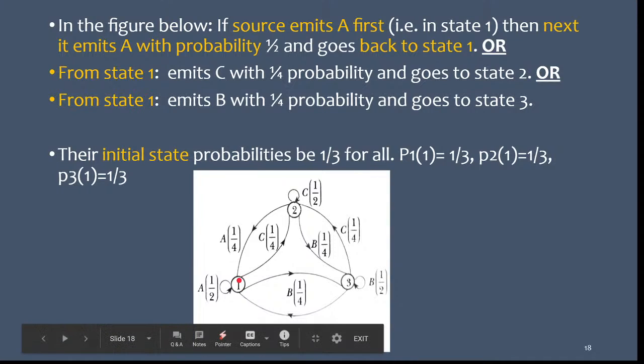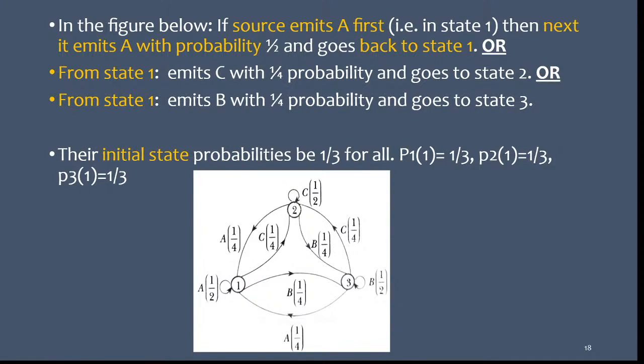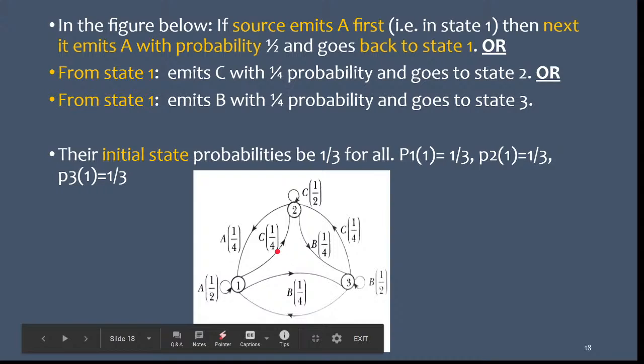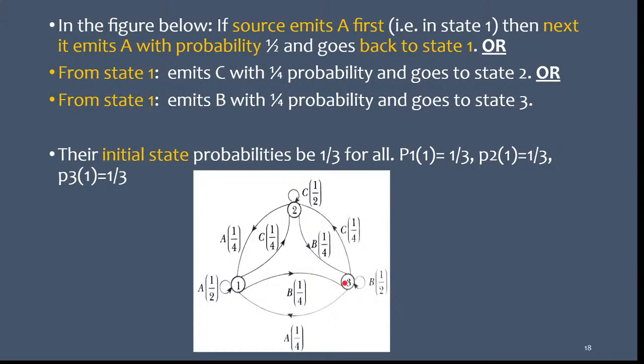Or from state 1, it emits a C here with the probability of 1 by 4 and goes to state 2. Or from state 1, it emits B with a probability of 1 by 4 and reaches a new state, that is state number 3. So these are the transition probabilities. You just look at the direction of the arrow here.